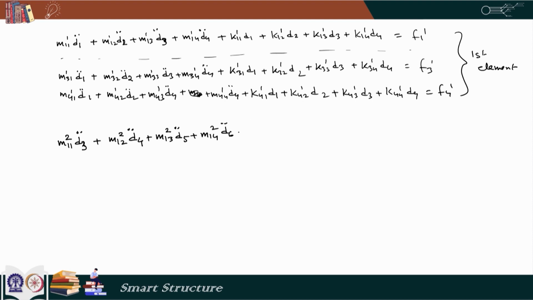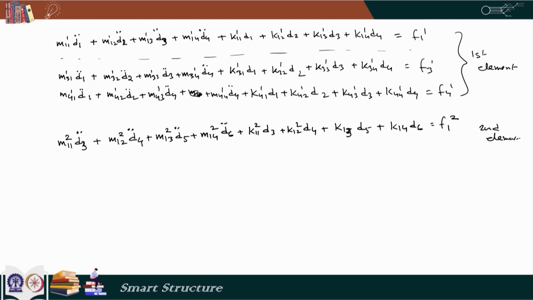These are all double dots, plus K11 of second element multiplied by D3 plus K12 of second element multiplied by D4 plus K13 of second element multiplied by D5 plus K14 of second element multiplied by D6, and that is equal to F1 of second element. So this comes from the second element.